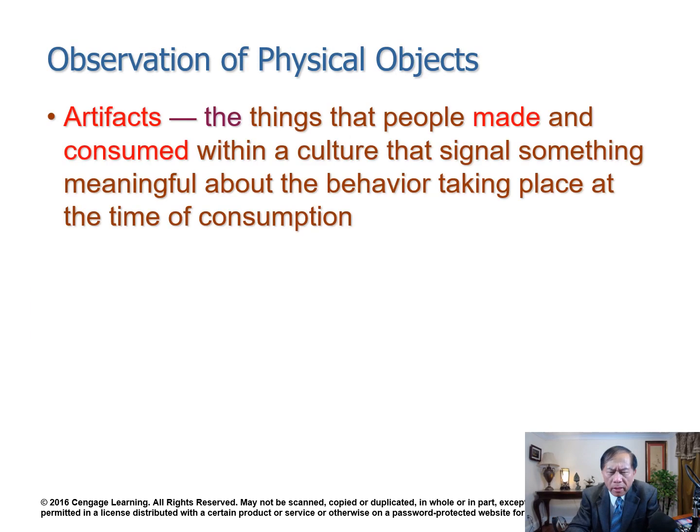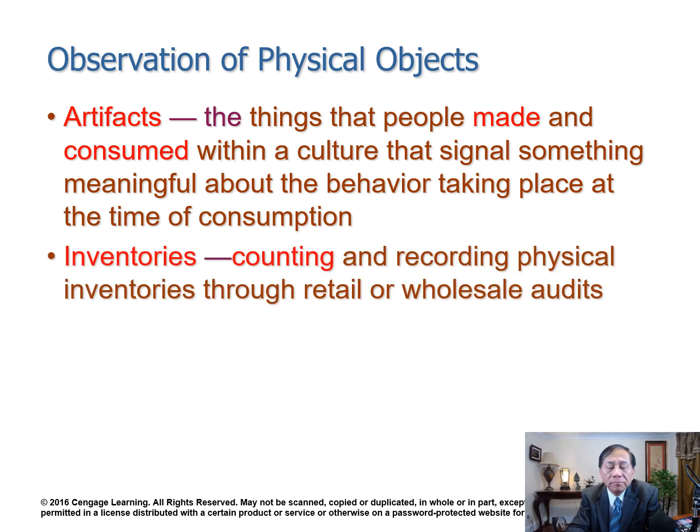Okay? Observation of physical objects. Artifacts. What are artifacts? The things that people made and consumed within the culture, that signal something meaningful about the behavior taking place at the time of consumption. Artifacts. Okay? Inventories.